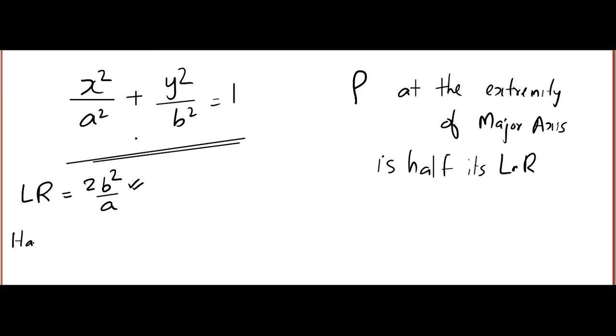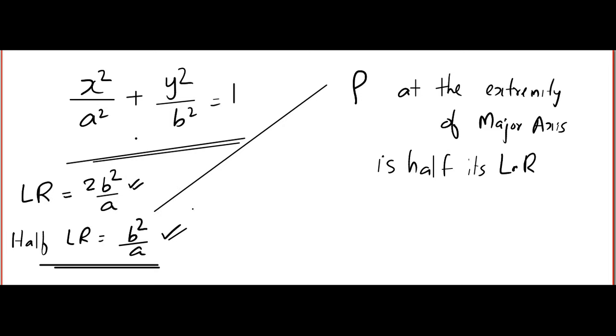So half the latus rectum is b square by a. So point number 1, you must remember this. There is no other option. As an engineering first semester student, the person who made the syllabus believes that students have learned this in plus 2. Okay, so to prove that radius of curvature is nothing but b square by a.